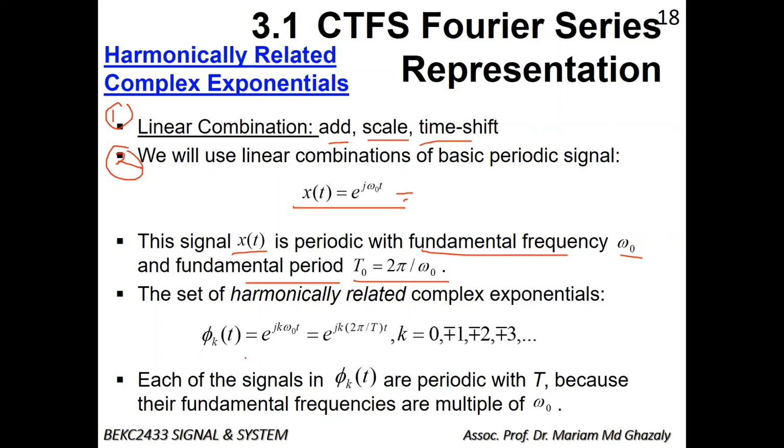So we can write out the equation for the complex exponential as e^(jk omega naught t), substituting omega naught with 2 pi over T. So k is the harmonic index, which is 0, plus minus 1, plus minus 2 and so on until infinity. This means that the value k here is a multiple of the fundamental frequency omega naught. So we have 2, 3, 4 and so on to infinity.